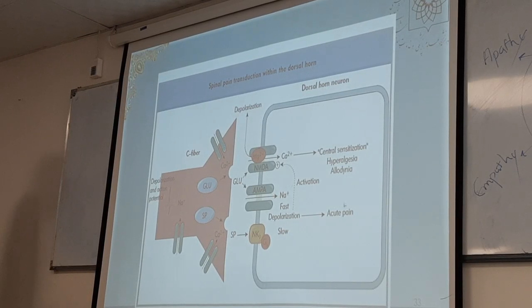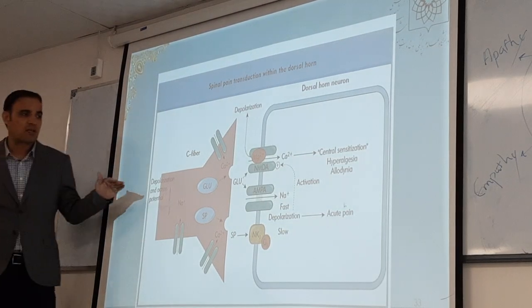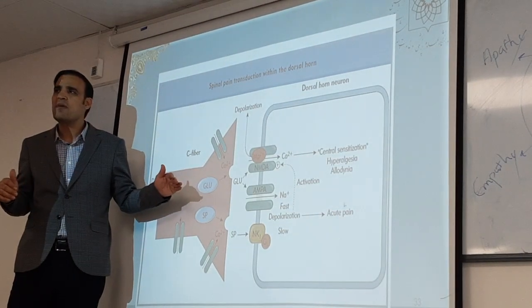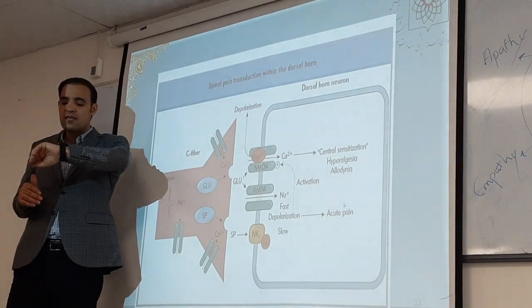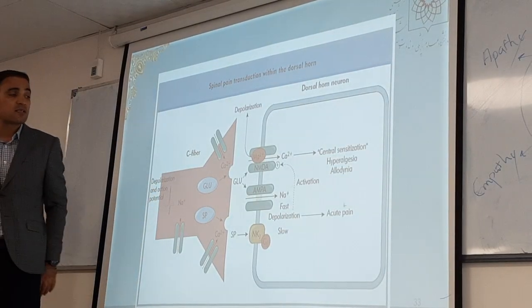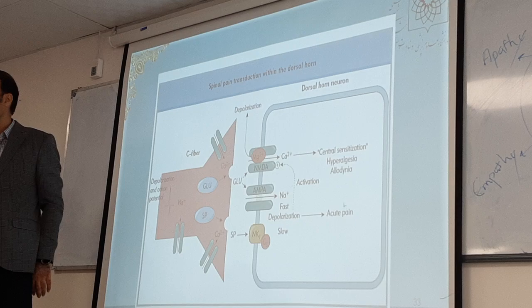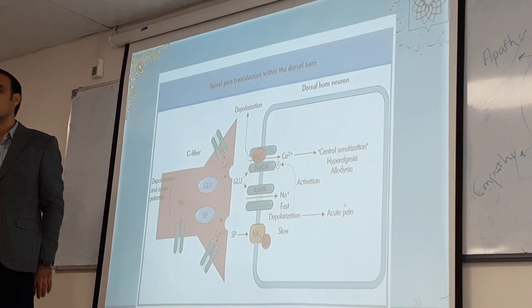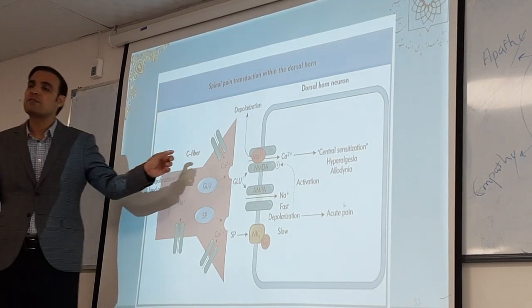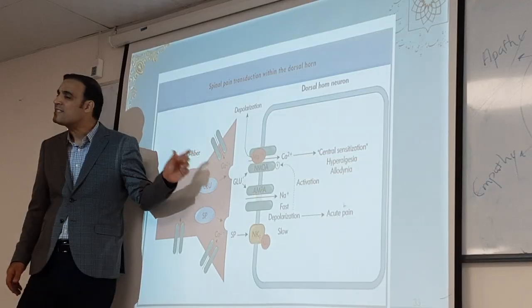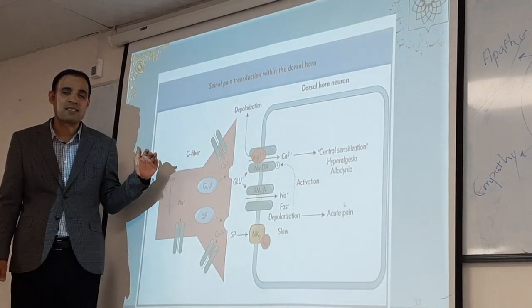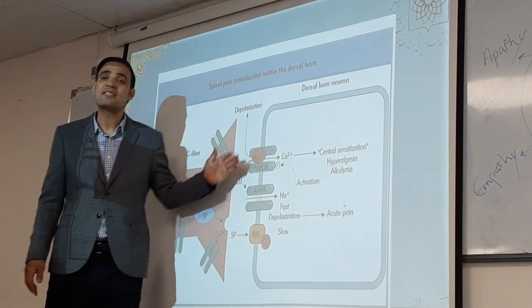And let's wait. When the nerve fibers are activated, they enter the spinal cord. At the spinal cord, they make the synapse with the second order neuron. This synapse is very important. This synapse is the synapse that sends the pain stimulus to the second neuron.